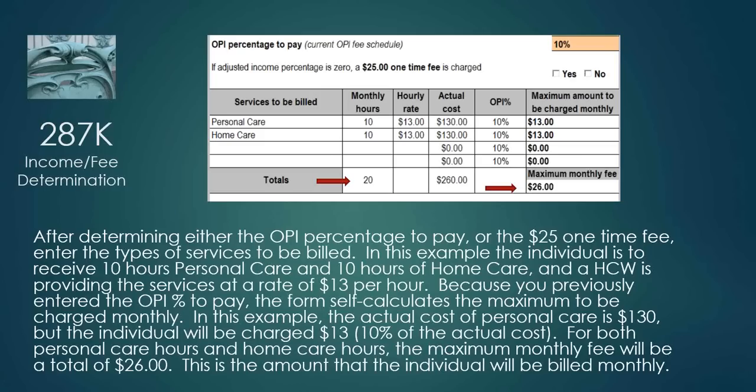Okay, so I think that what I have on the next slide is simply an example of how to fill out the form once you've determined the number of hours of help a person is receiving, the actual cost of those hours and the percentage that they pay, so that you come to a total and are able to discuss with the client what they need to pay on a monthly basis.